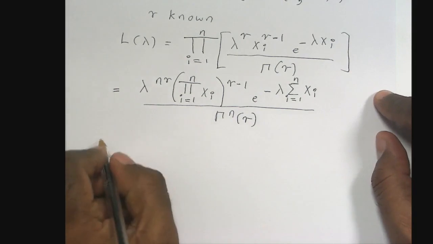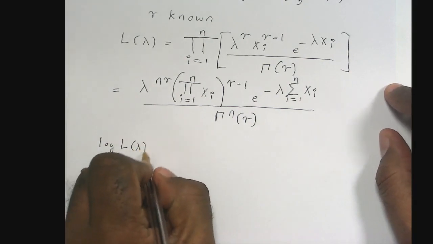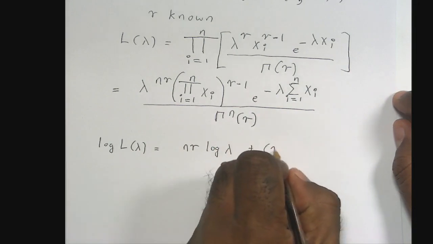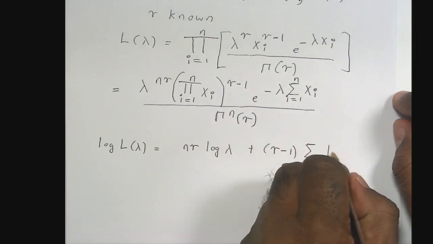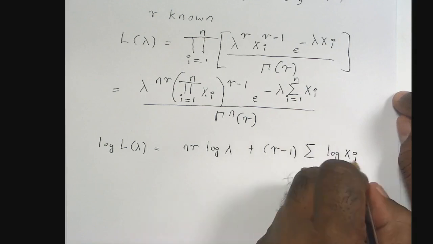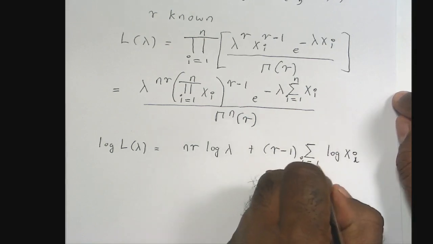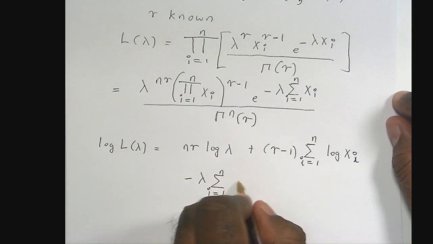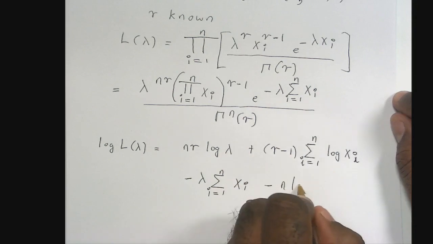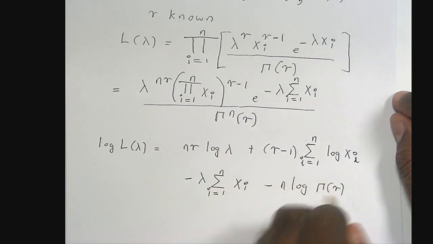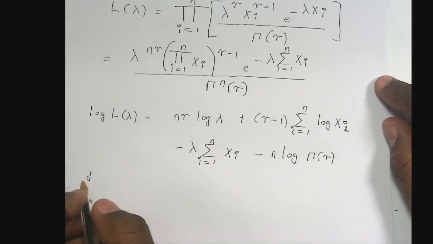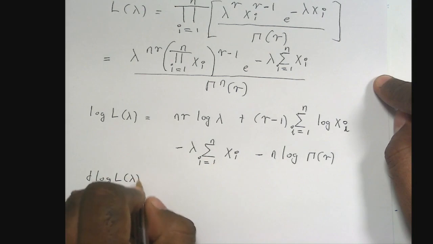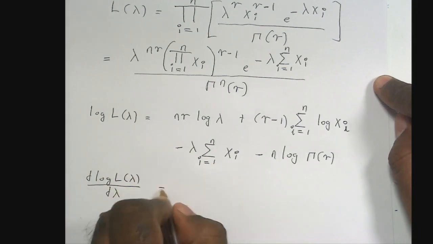The next step is to take the log of the likelihood. Because there is only one parameter, you just need the derivative with respect to lambda.